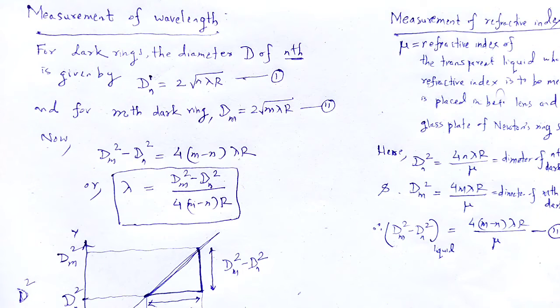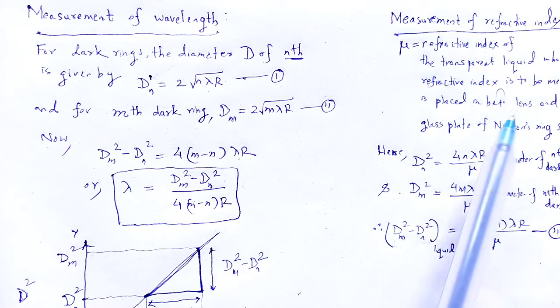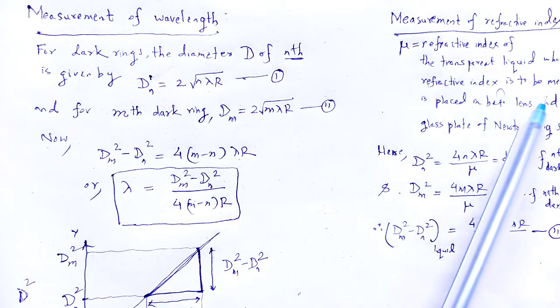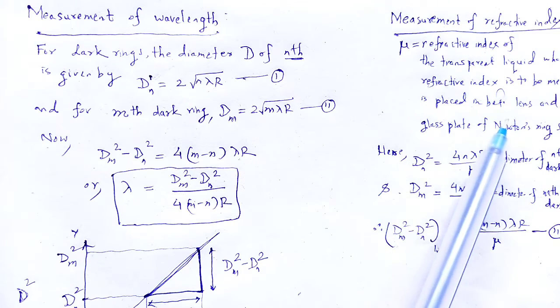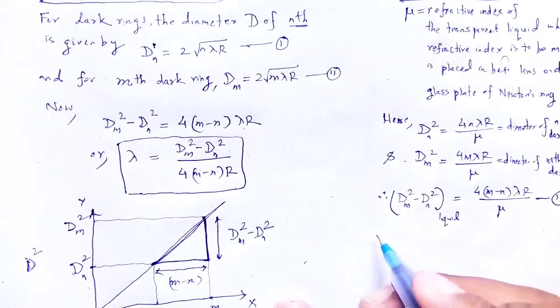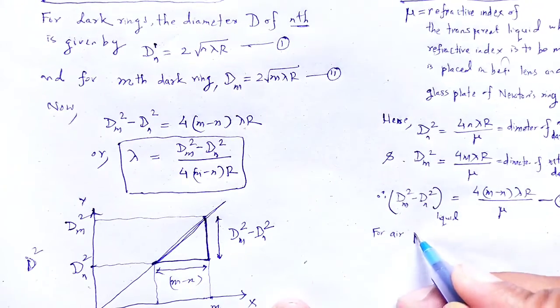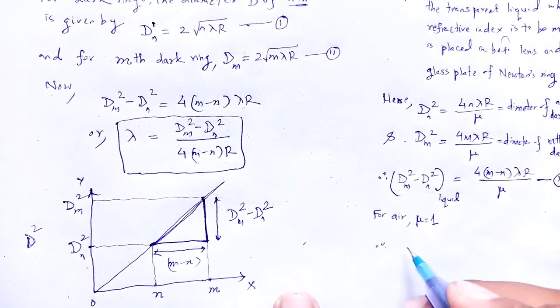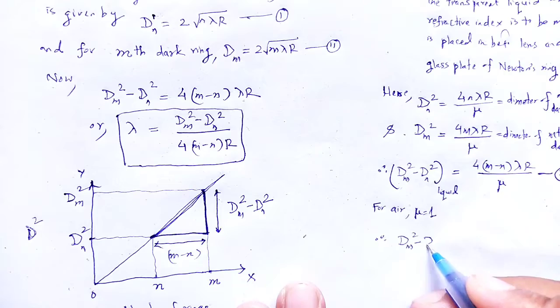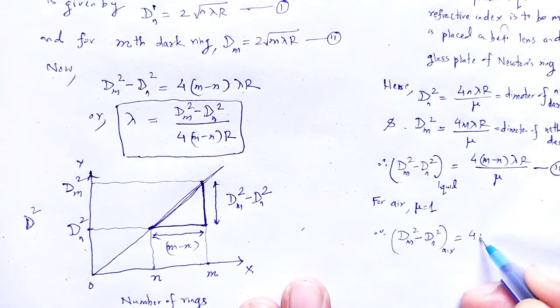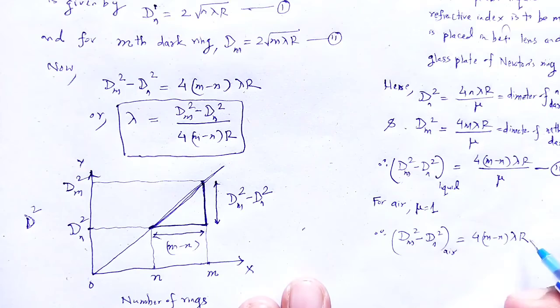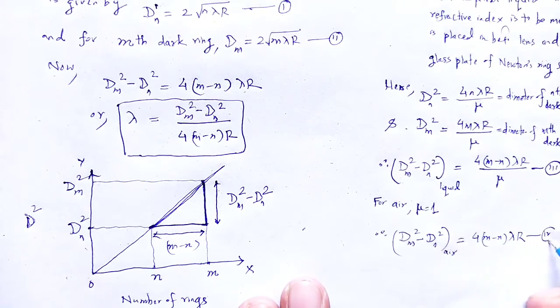Now repeat that process. That means the experiment is done again with the liquid replaced by air in between the glass plate and the lens in the Newton's ring setup. For the air film, mu is equal to 1. Therefore, dm square minus dn square for air is 4 (m minus n) lambda r, equation number 4.